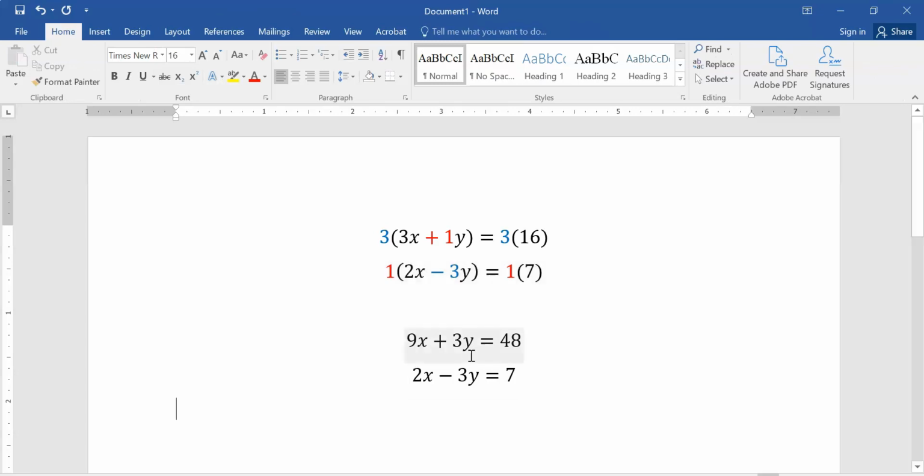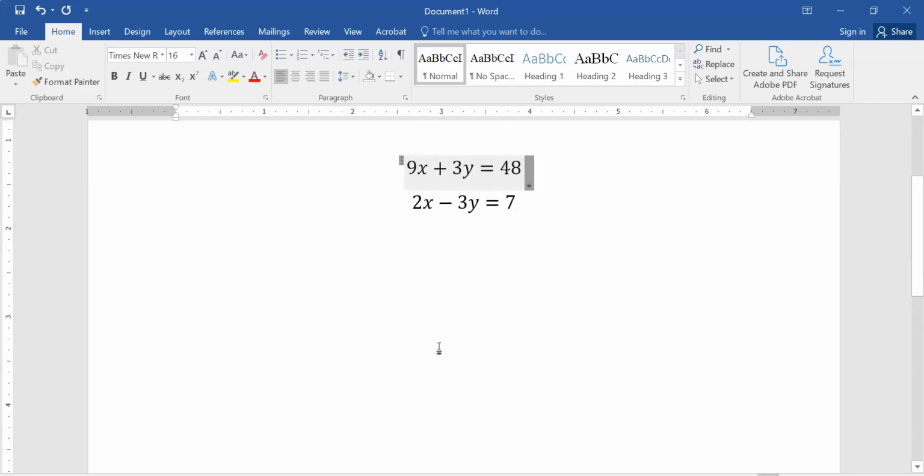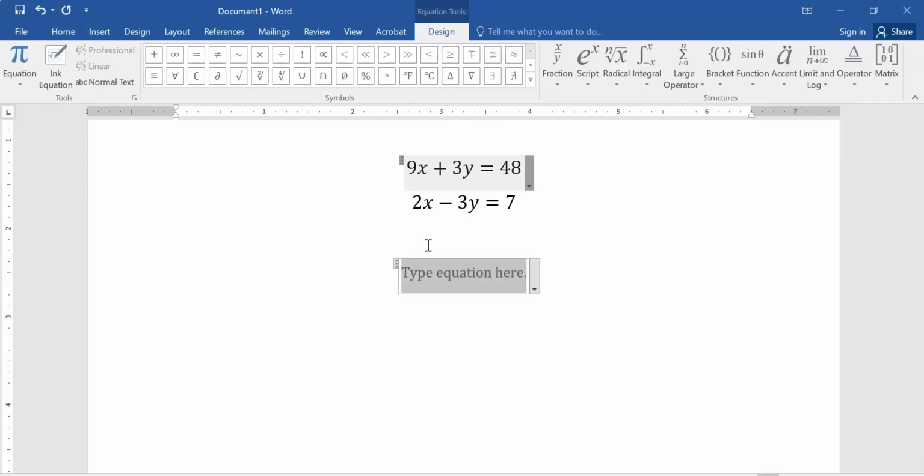Now notice what happened. Now my coefficient of y in the first equation is a +3. Coefficient of y in the second equation is -3. Now I can add these two lines up in order to eliminate one of my variables. If I do that, 9x plus 2x becomes 11x. 3y minus 3y becomes 0. 48 plus 7 is 55.